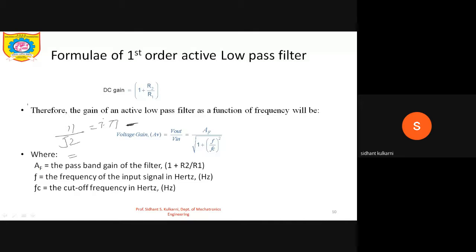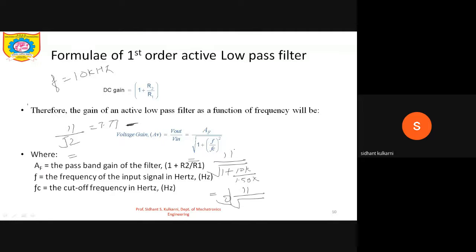Then, if you put frequency F equal to 10 kilohertz, put this frequency of 10 kilohertz here. So 11 divided by square root of 1 plus F is 10K, your FC is 1.59K. What will be the gain? Can anyone tell me? So 11 divided by square root of 1 plus 10 divided by 1.59.